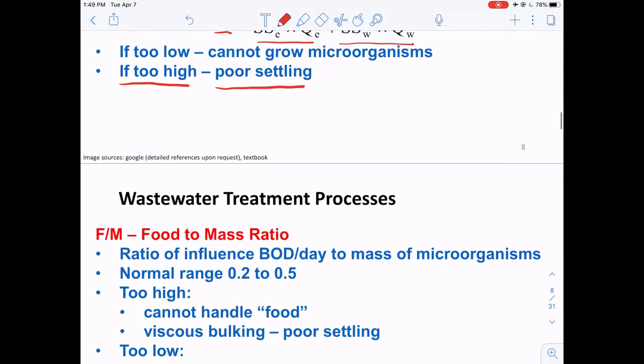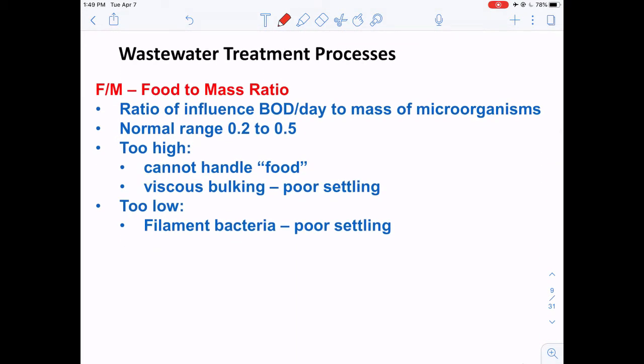Another important parameter for the design of the activated sludge process is the F over M, which is the food to mass ratio. Here you can think of the organics in the wastewater as the food, and the mass just means the mass of the bacteria.